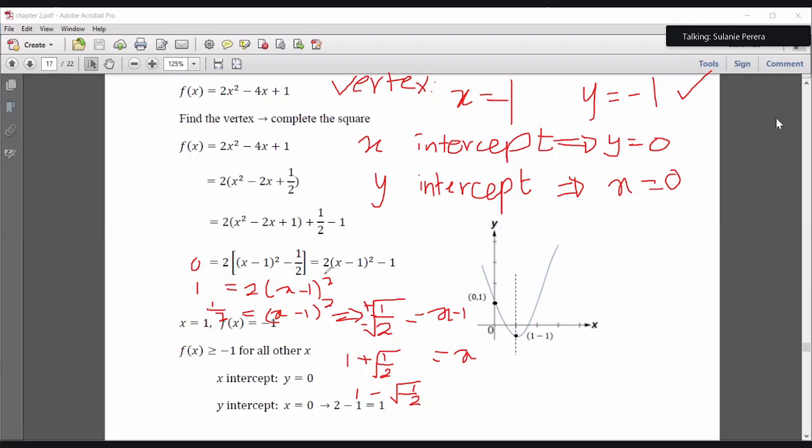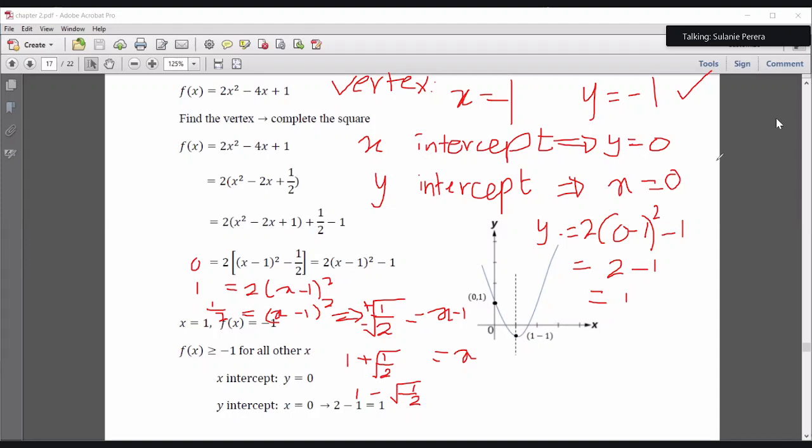So if we plug in x equals 0 over here, we get y equals 2 times 0 minus 1 all squared minus 1. So minus 1 all squared is 1, which is 2. 2 minus 1 is 1. So that is the y-intercept.